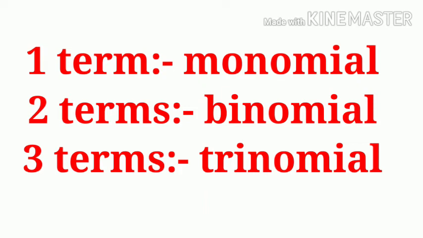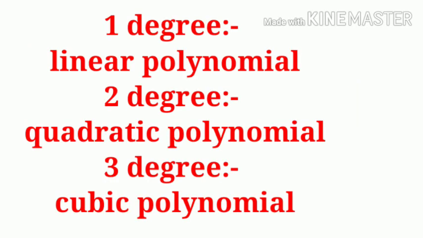Okay. And now let's start on the basis of degree. When the degree is 1, the polynomial is linear. Degree is 2, the polynomial is quadratic. And when the degree is 3, the polynomial is cubic.